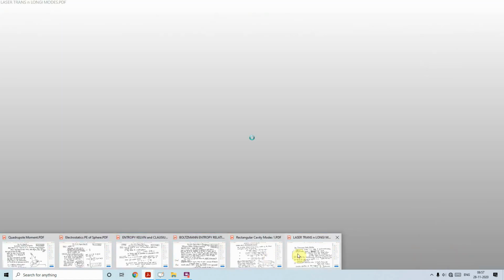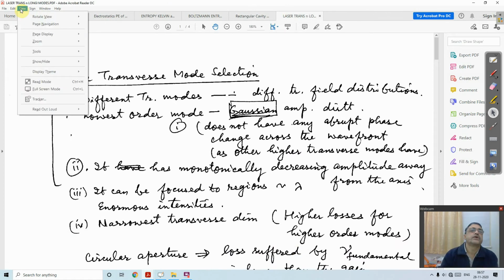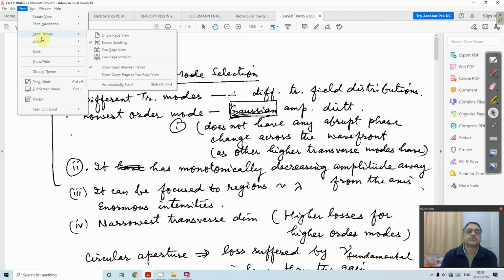Today we shall discuss the modes of a rectangular cavity resonator.